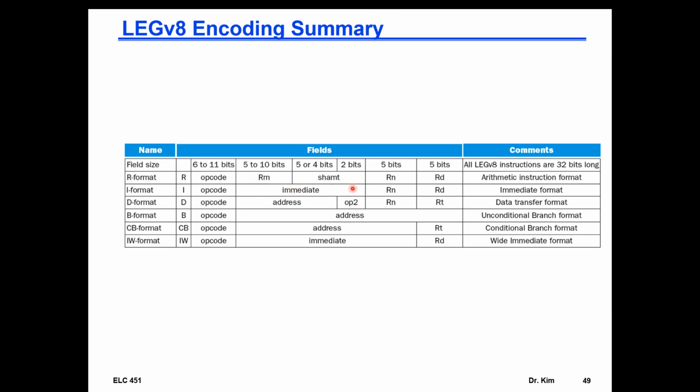Then we have the D format, the data transfer format, which is used by the loads and the stores to get data in and out of memory and into the register file.